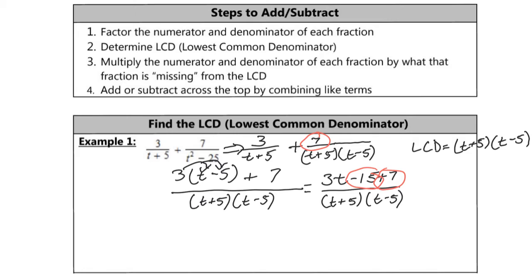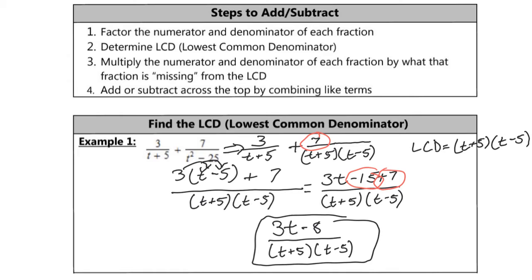So for a final answer, we get 3t minus 8 over t plus 5 times t minus 5. And this is our solution.